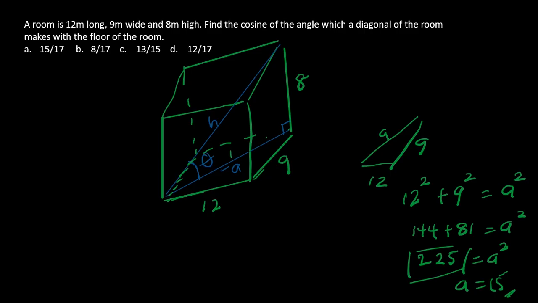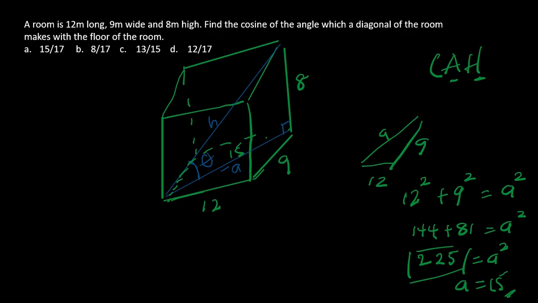So if my a is 15 here, how do I find my hypotenuse of this? Remember the cosine of the angle. Cosine is adjacent over hypotenuse. So we can't work with the opposite. That would be if it was a sine. For me to find the cosine, I need to know my hypotenuse.